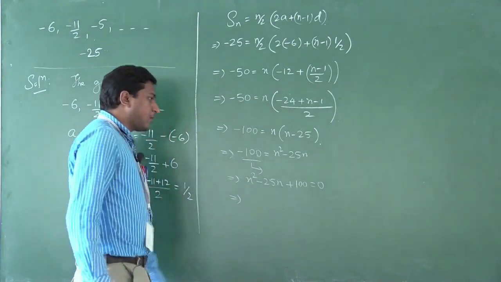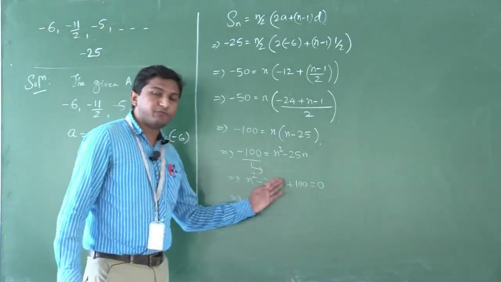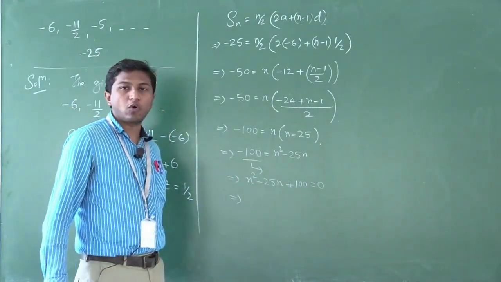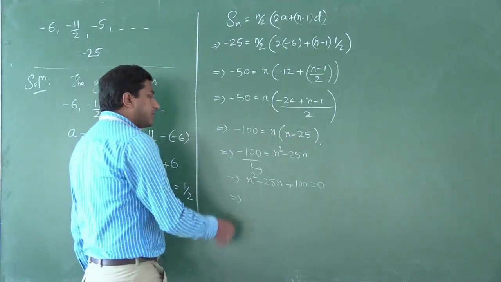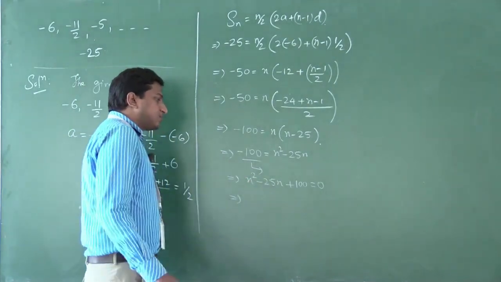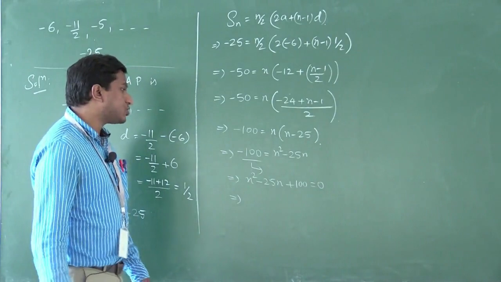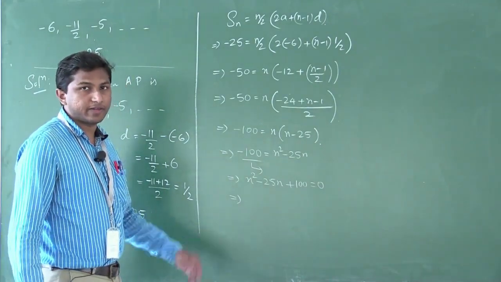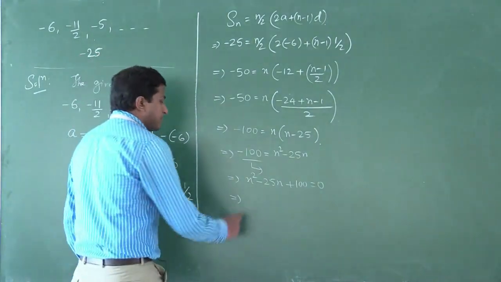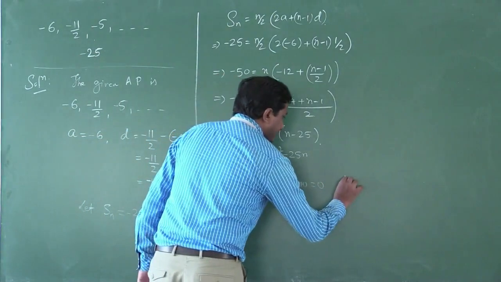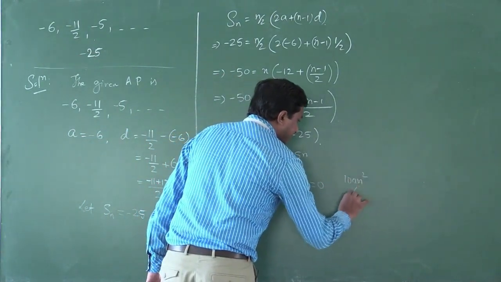Now, thinking about the factors for this quadratic equation, we have 100n square.